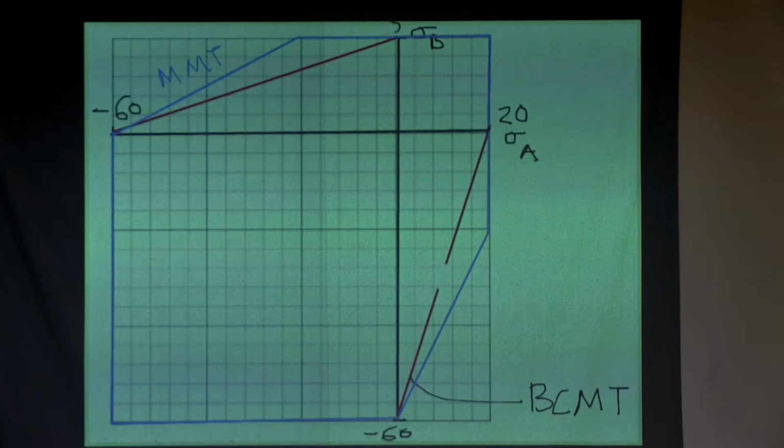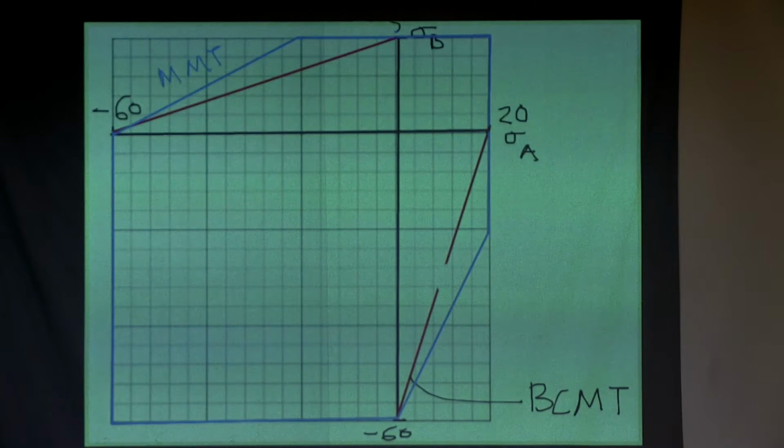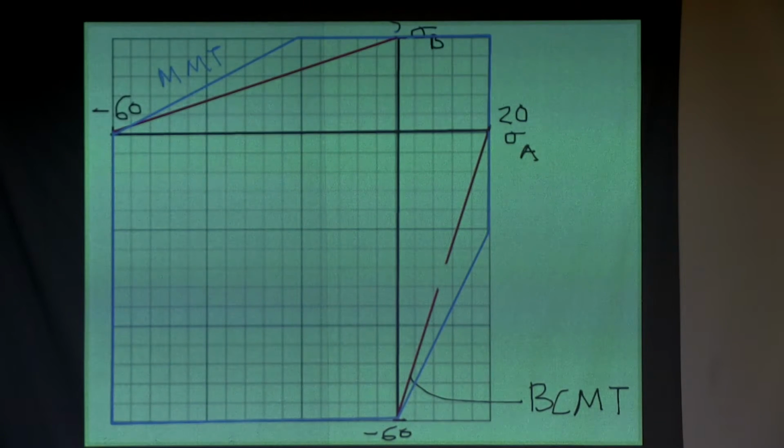So the stresses at the point, sigma x, sigma y, and tau xy respectively, are negative 15 kpsi, 10 kpsi, and negative 15 kpsi. So using that, let me see if I can write on the side here.